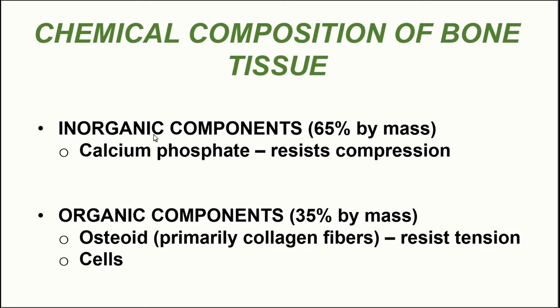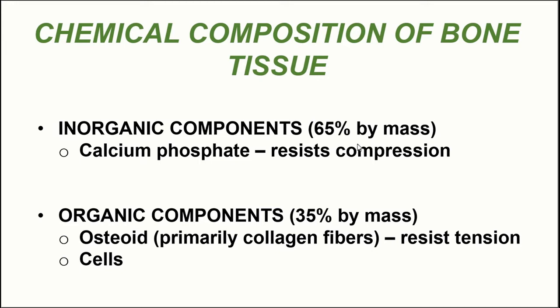The inorganic components make up the majority by mass, almost two-thirds of the mass of our bones. When we say inorganic, we mean non-cellular and non-protein substances. In this case, because it's bone tissue, the primary inorganic component is calcium phosphate minerals.